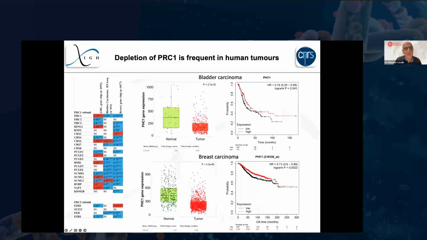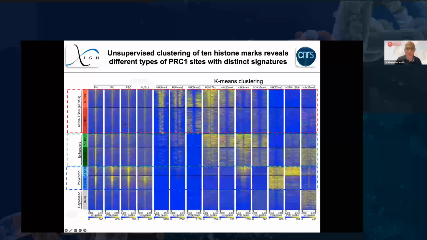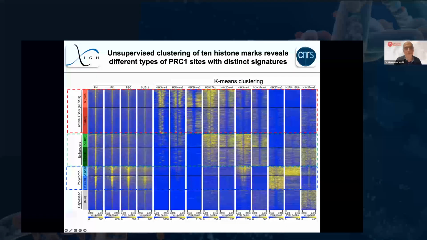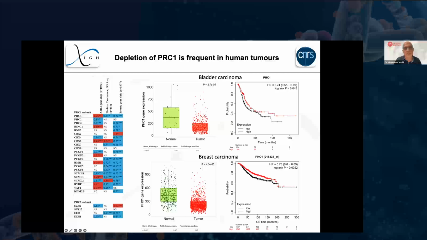You see that many of them are downregulated, and this is the compiled tumor data for one of the subunits, PHC1. You see that there's globally a downregulation in the tumor sample, and the same is true for breast carcinoma.